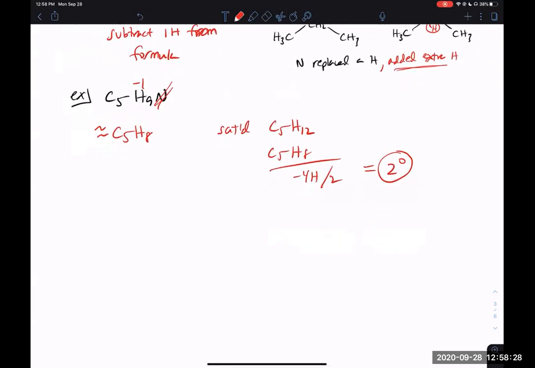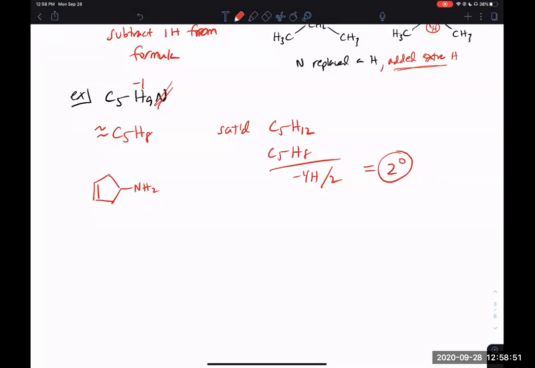So, I don't know, let's do a ring and a double bond. What if I did this? Maybe a 5-membered ring. Maybe there's an NH2 on it, so that's 5 carbons, 1 nitrogen, and I need a double bond somewhere, so maybe pop a double bond like that.